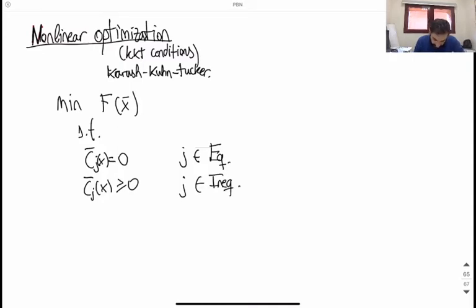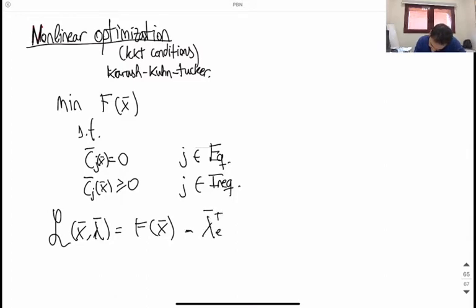And in this particular problem, which is an extension of the previous one, we would again formulate our Lagrangian of x and lambda as the function we want to minimize, or in this case minimize or maximize, minus lambda transpose equality times c equality.